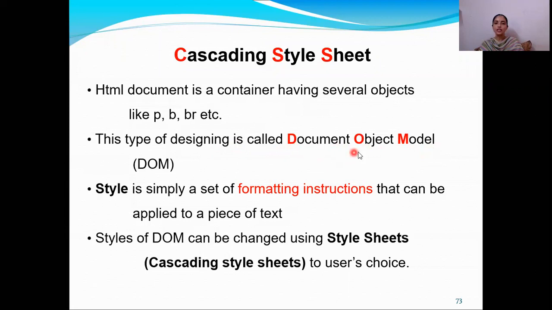So the browser checks in this particular file and finds the styles which can be applied to various elements of the HTML document. If you want to modify them, you need to use CSS, which is called a styling sheet. So the styles of HTML are part of your DOM, and if you want to modify these DOM styles, you need to use CSS as your choice.